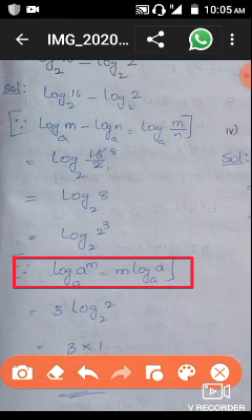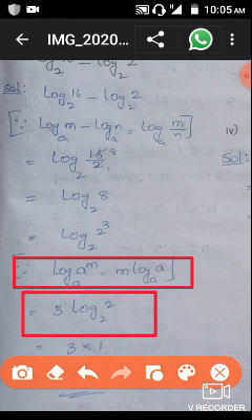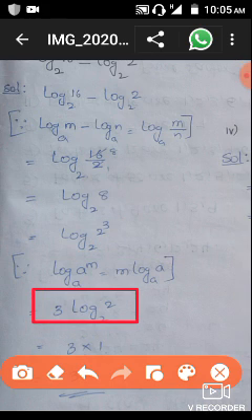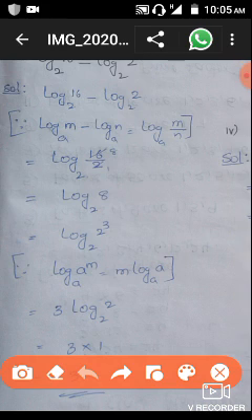Here the power m comes to the front, so power 3 comes to the beginning of the log, and we write 3 log 2 base 2.